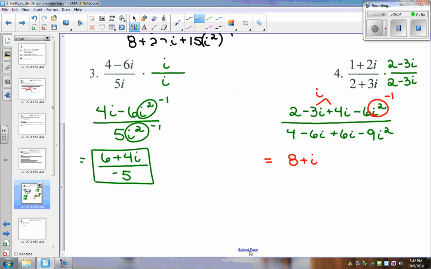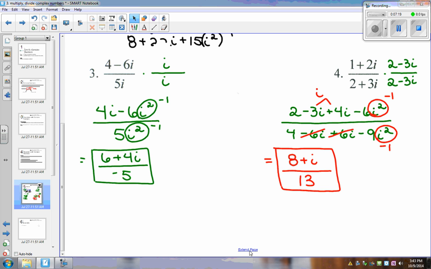In our denominator, a positive 6i and a negative 6i cancel out. They are gone. And our i squared once again becomes negative 1. When we combine like terms, we wind up with 13, as negative 9 times negative 1 is positive 9, and 4 plus 9 is 13. Once again, we have rationalized. Our denominator no longer has an i, and we are all set.